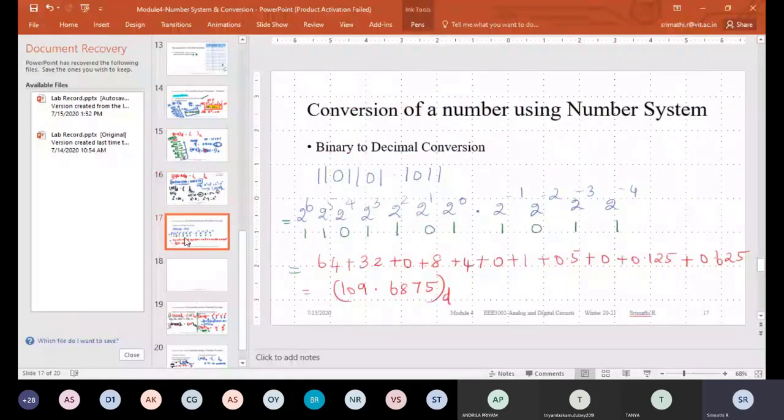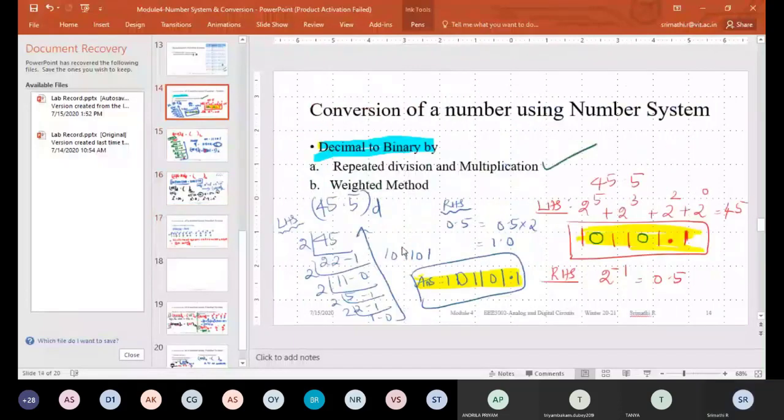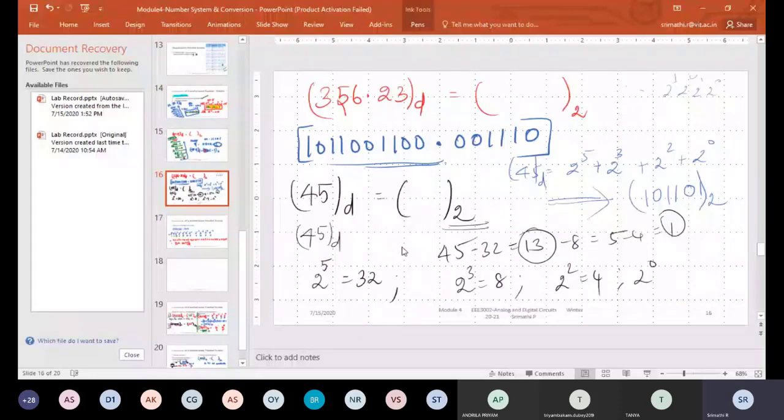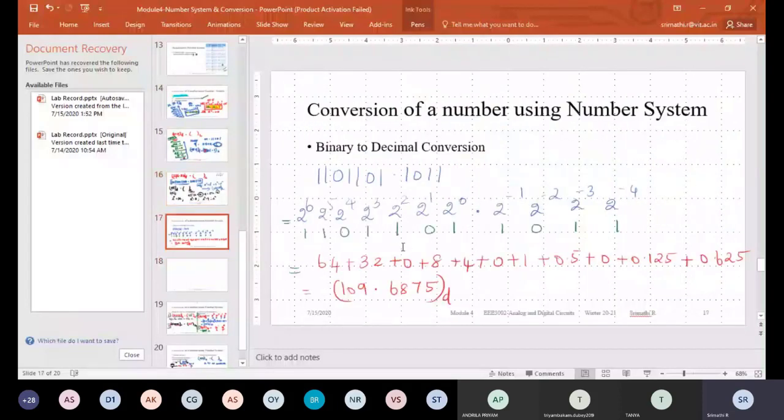So here 2 power 0, 2 power 1, 2 power 2 like this. 2 power minus 1, 2 power minus 2, minus 3, minus 4. So before my decimal point, I am representing the weights like this. Now I'll extend this in another PPT.